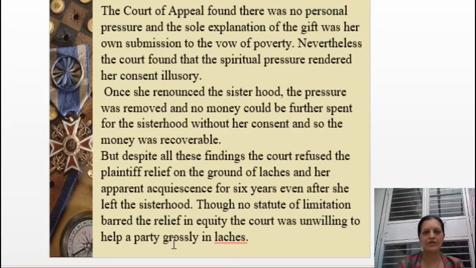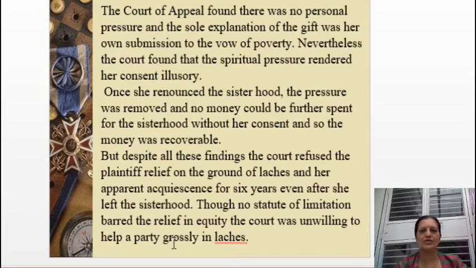But despite all these findings, the court refused the plaintiff relief on the ground of laches. Laches means unreasonable delay in making assertion of a right or claim. So here the court refused relief on the ground of laches and her apparent acquiescence, that is approval, for 6 years even after she left the sisterhood.